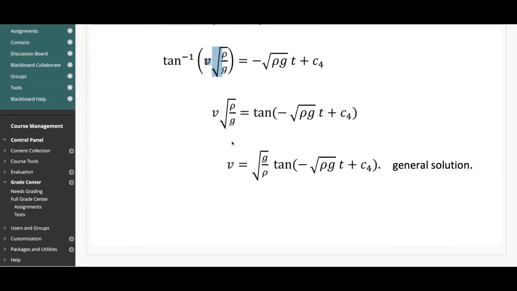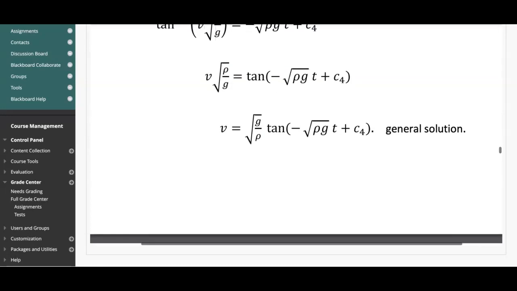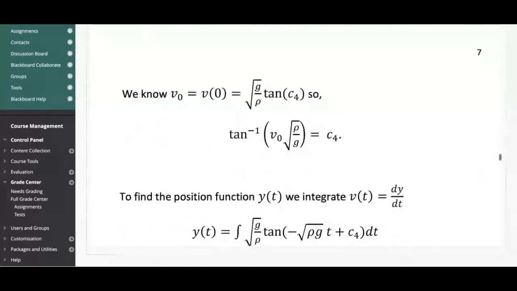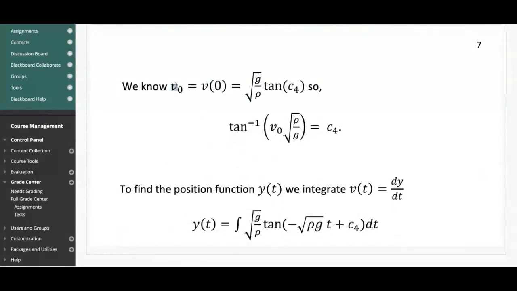Then we solve for v divided by the square root of rho over g on both sides. So we have our velocity function as such: square root of g over rho times tangent of negative square root of rho g times t plus a constant, the general solution. Then we use the initial velocity.